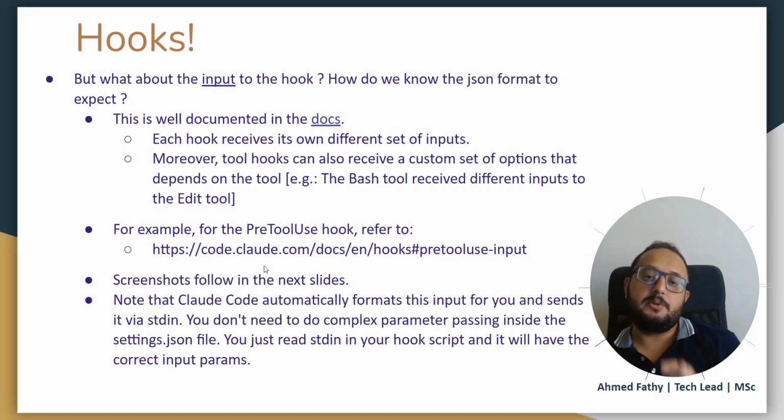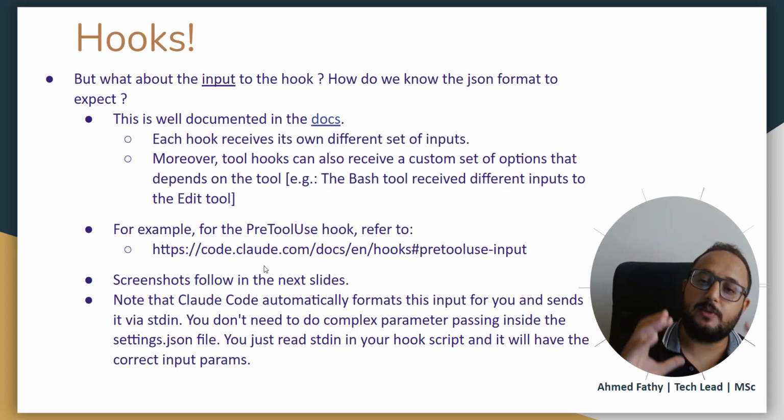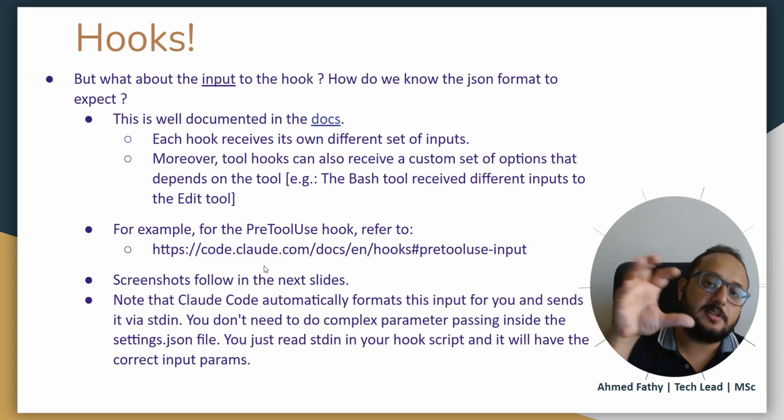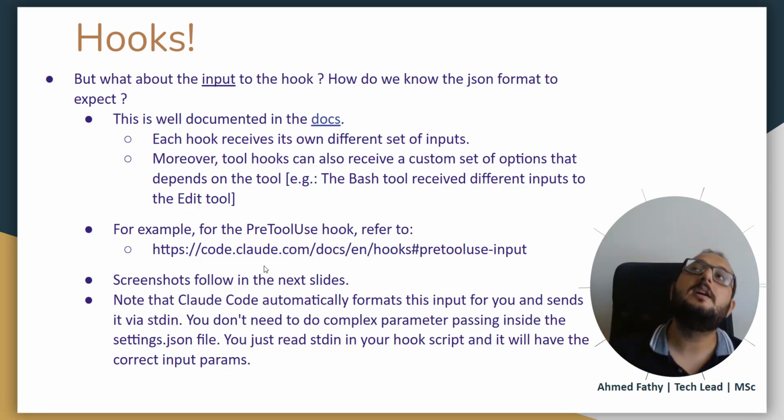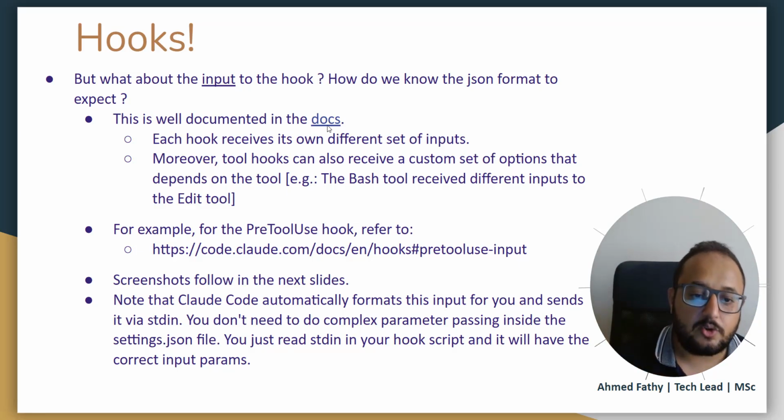But what about the input to the hook? How do we know the JSON format to expect? Claude Code will insert some JSON, but how do you understand what the fields of this JSON are? Again, you need to consult the documentation. It is well documented. Here I have the link. In general, each hook receives its own different set of inputs.